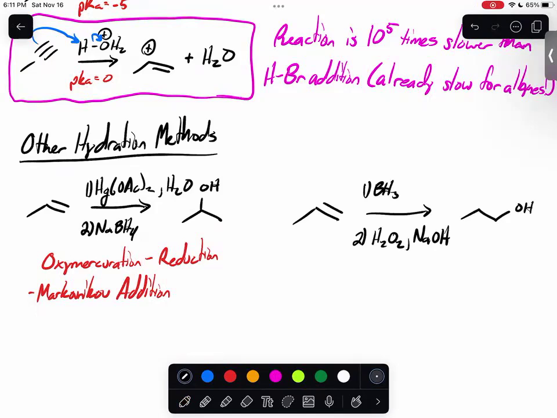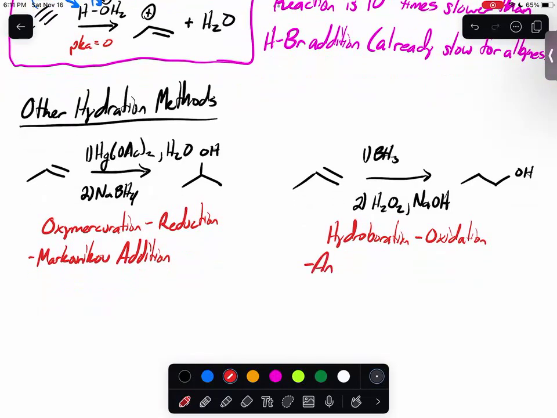As a reminder, this reaction was hydroboration oxidation, and this did an anti-Markovnikov addition of the alcohol.